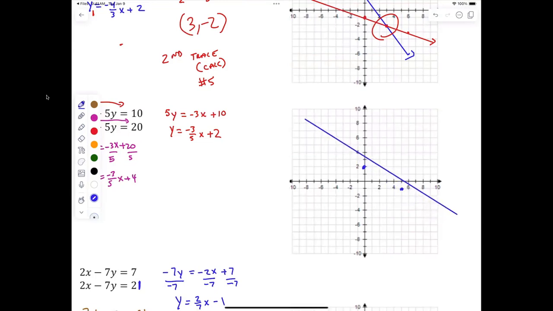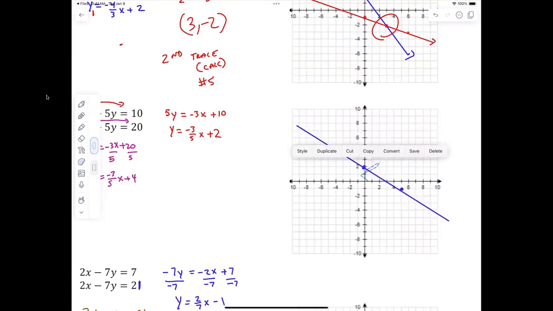Anybody notice anything? They are what? So how many solutions? Yeah, there are no solutions, all right, because they do not intersect. Up 4.